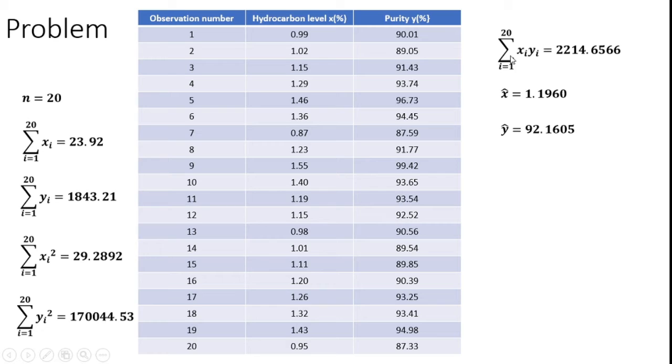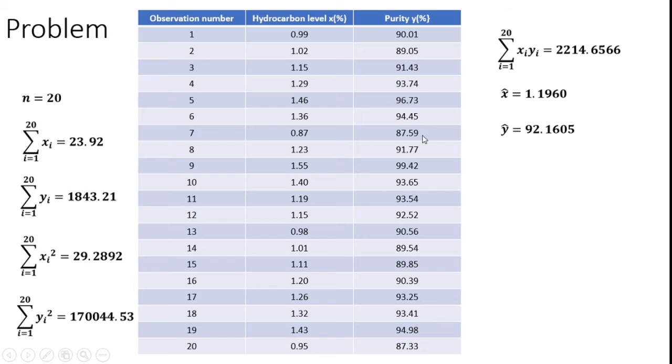After that, the summation of xi yi, the product of xi and yi, I get 2,214.6566.